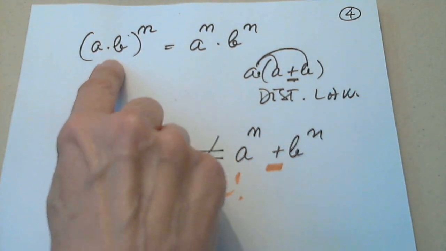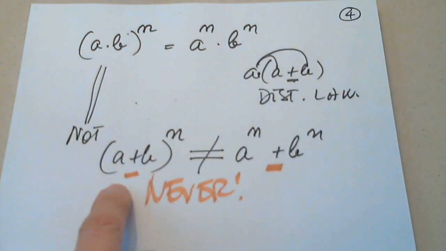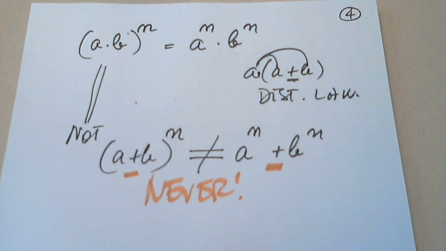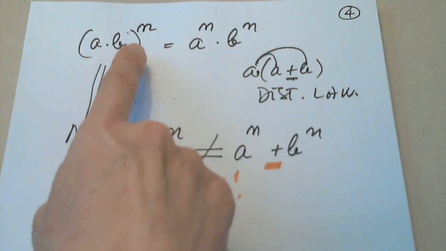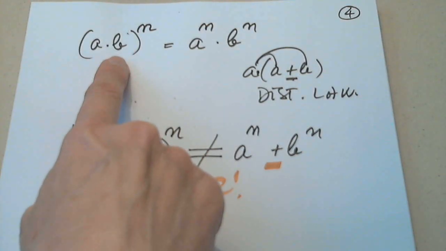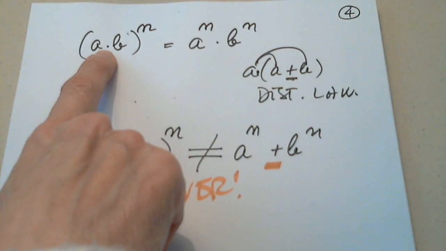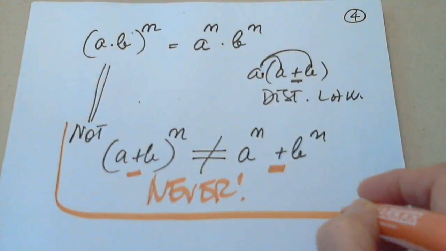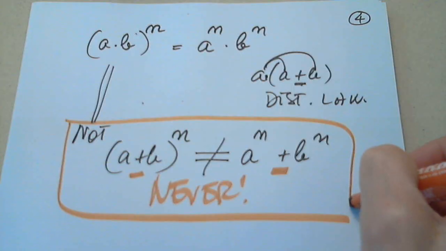The rule for factors is this, very simple. The rule for two terms is way more complicated than this. So please, only for multiplication. I'm sorry? So it's only when you're multiplying. Exactly. Okay. The power rule is applied for factors. Yes. So please remember, this will be a terrible mistake.